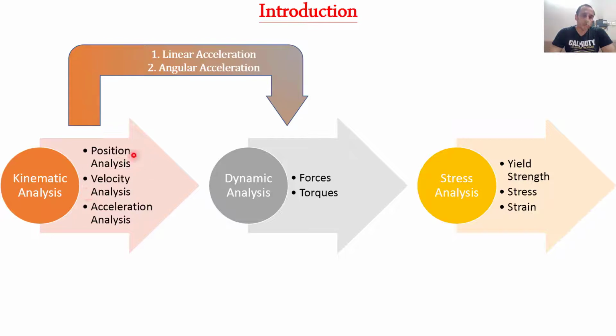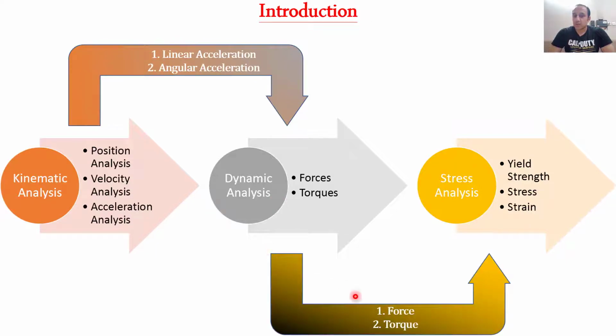What are the outputs of kinematic analysis? Those are the linear acceleration and angular acceleration. Those values will go to the dynamic analysis, where we will use those accelerations to calculate forces and torques, and these forces and torques will go to the stress analysis to calculate these parameters, which are yield strength, stress and strain.